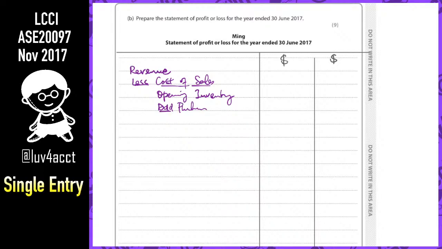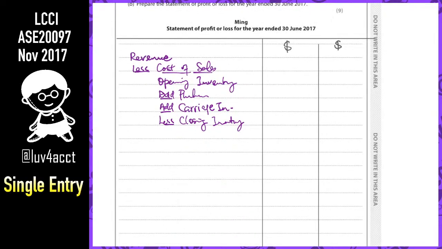I remember we have carriage in, and then less closing inventory. We will continue with the expenses later because we still have some more items. And then gross profit.